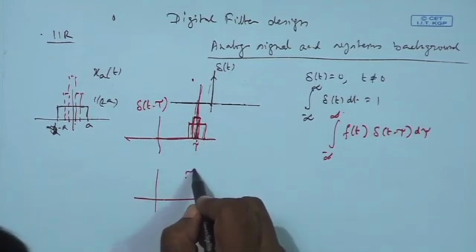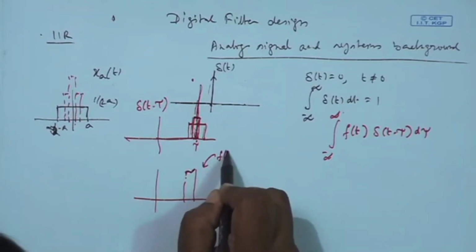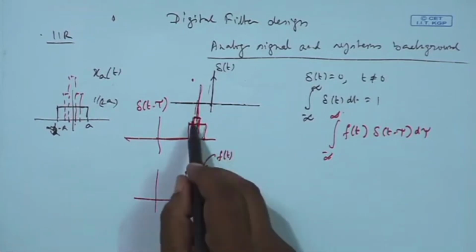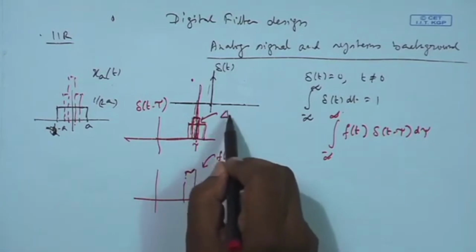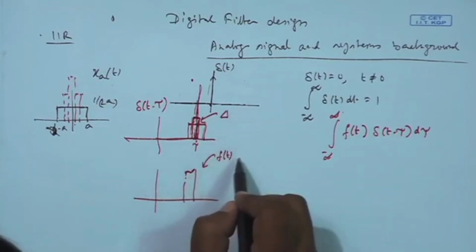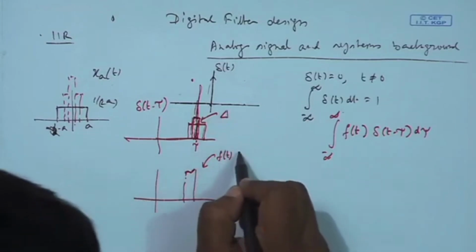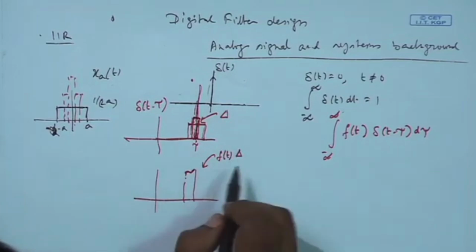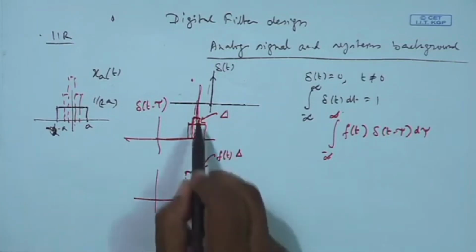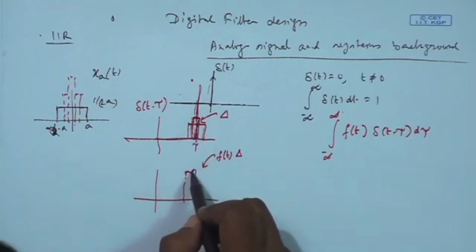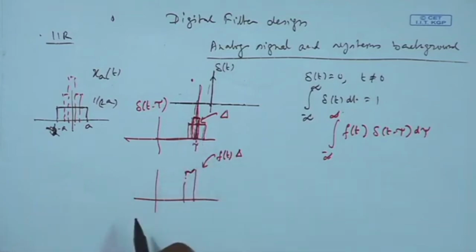So it will be like this: this much will be f t into my function, which I call capital delta. This capital delta into f t has a flat height, though f t may be time varying.